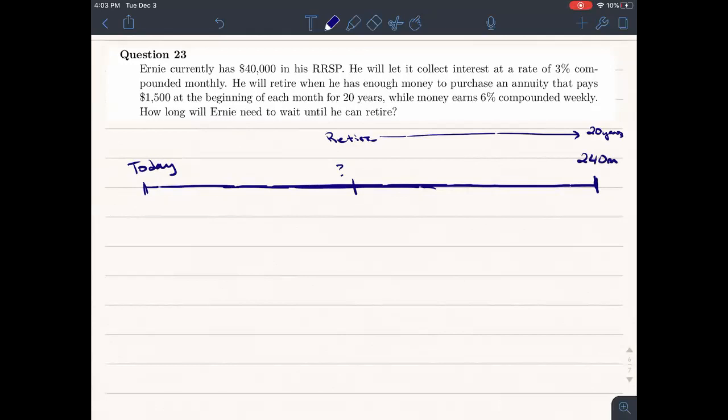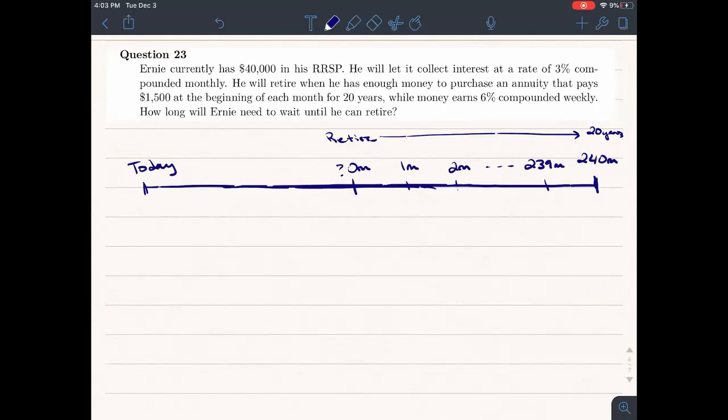And so if we call this retirement point 0 months, and then the next tick 1 month, following tick 2 months, and then second to last tick 239 months, that'll be good. He wants 1,500 at the beginning of each month.